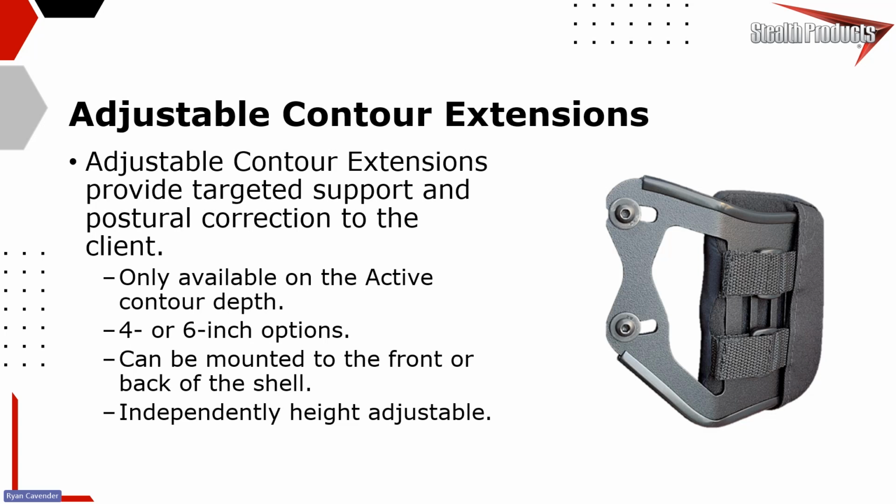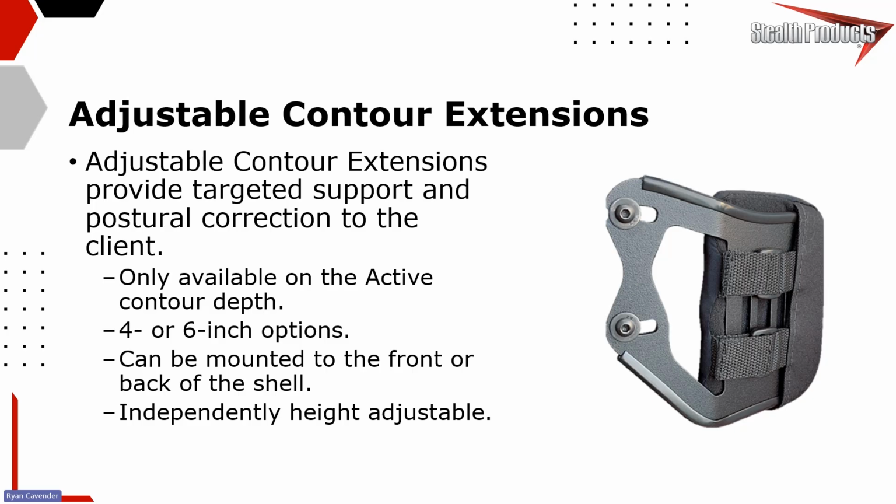So these extensions do have some rotational adjustability built in. You have a hole here that's shaped more like a jelly bean, so that gives you a little bit of rotational adjustability as well to help get more of a conforming fit. So keep in mind these are just contour extensions. They're specific to this contour modification.